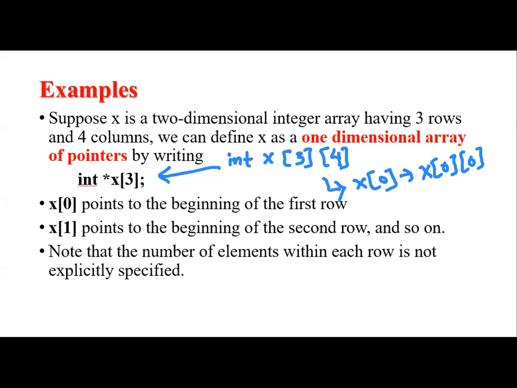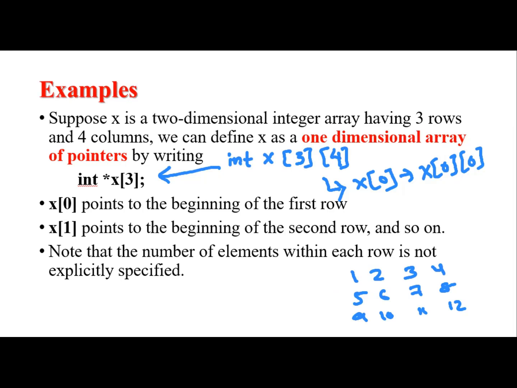So let's say our array is 1 2 3 4, then 5 6 7 8, 9 10 11 and 12. So this is our array. We have 3 rows and 4 columns.